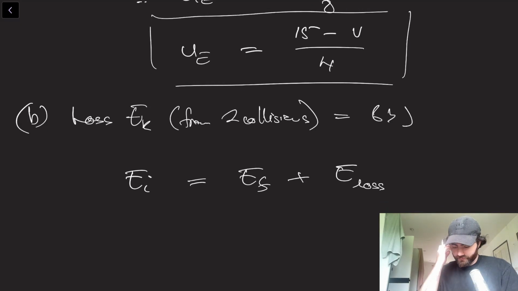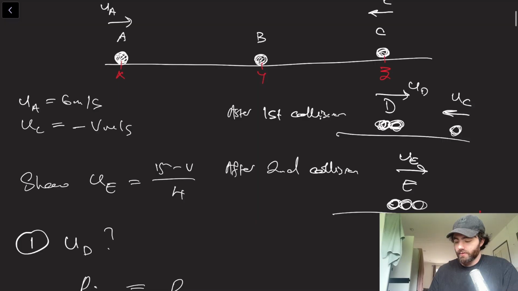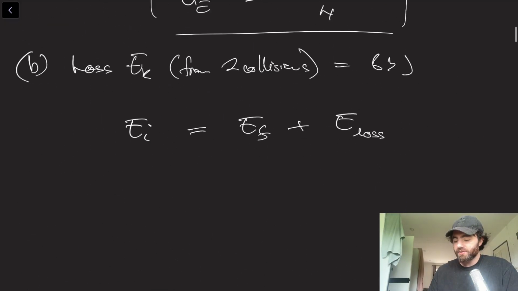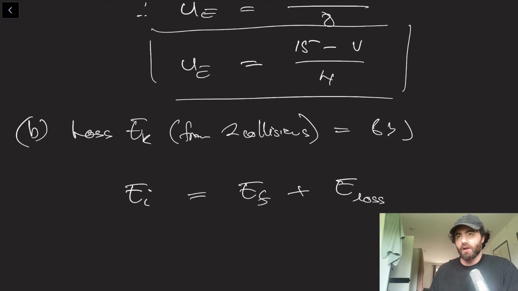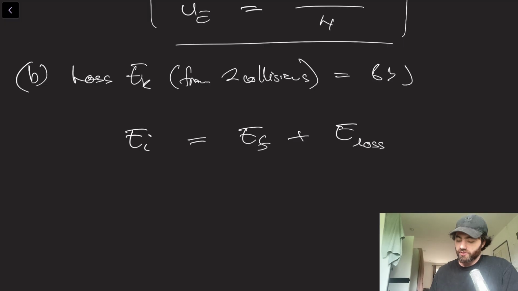We have an initial amount of energy, then the final energy of all of those moving, plus what we've lost should equal what we started with. That means that energy is conserved.